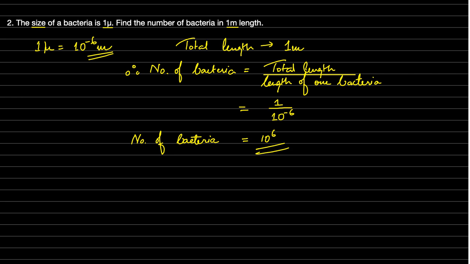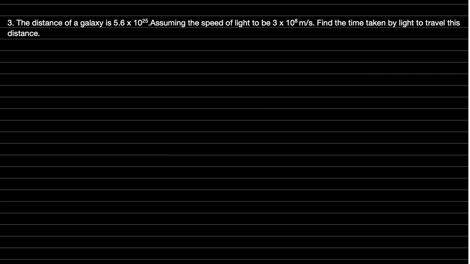Getting into the next question, that happens to be the distance of a galaxy. The distance is given as 5.6 into 10 to the power of 25. It will be meters here. I forgot to write meters. I would write it here.